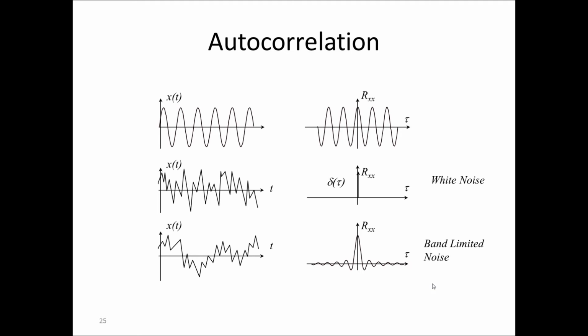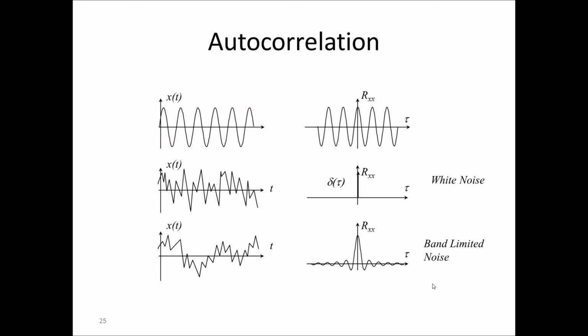Here are a few examples of autocorrelation functions. So if you have a sine wave or any periodic sine or cosine, the autocorrelation is typically a cosine function. For white noise, which I should say is a very theoretical and unphysical type of signal, but it's very common in signal analysis literature, white noise has a theoretical autocorrelation of being a Dirac pulse, Dirac of tau.